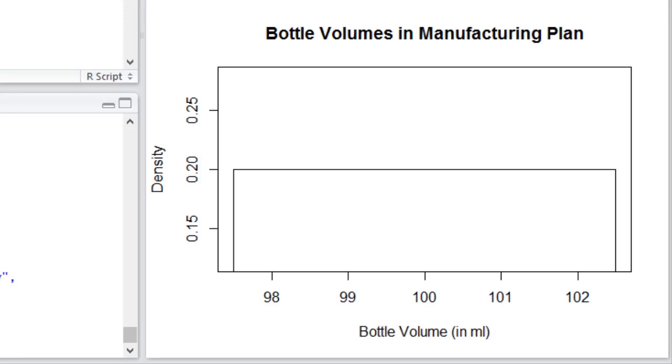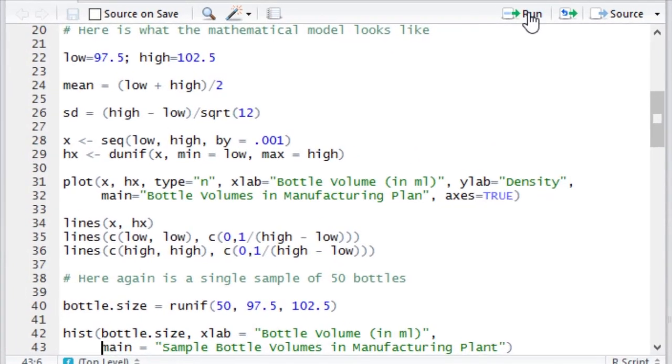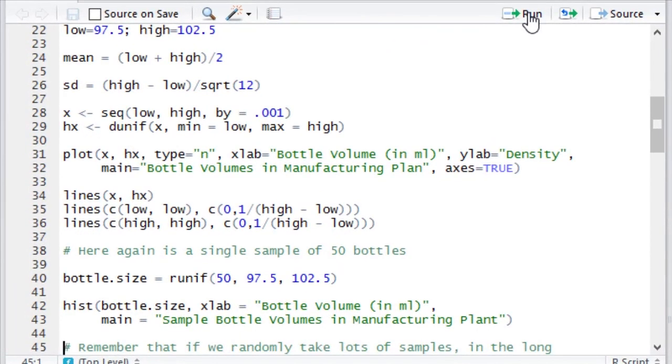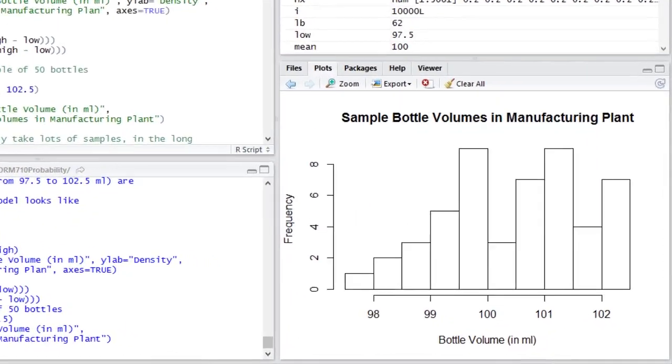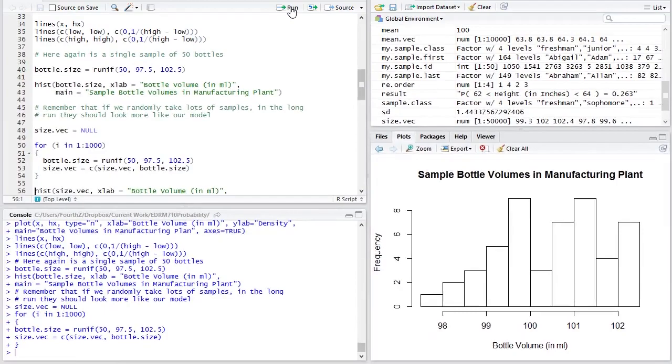So let's take again a single sample of 50 bottles. Knowing now that these are from a uniform distribution, here's what we get. This doesn't look like our last sample because samples vary. But if we took samples over and over and over again, we know that in the long run, we would get a uniform distribution. Let's try that. Here I'm taking 1,000 samples.